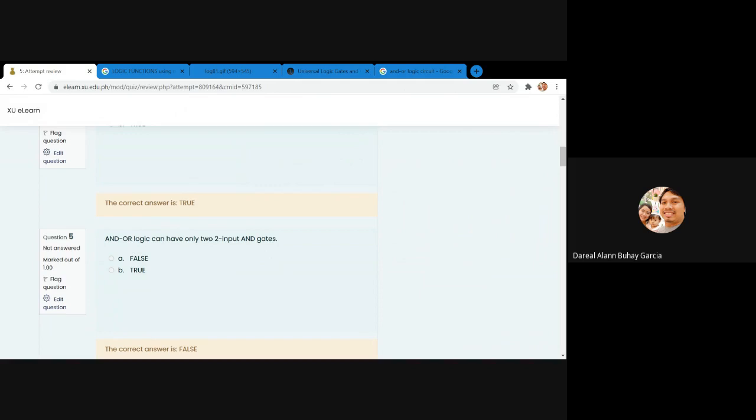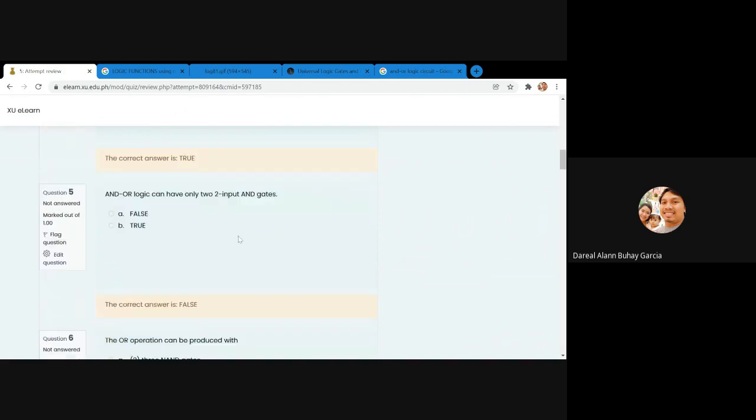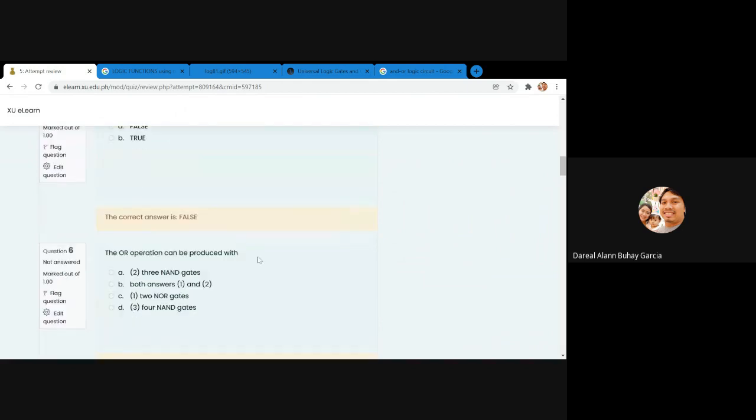The usual nato nga output sa SOP na dili nato pa gina-simplify. So, AND OR logic na siya. So, false because pwede man tadaghan, pwede man tadaghag AND gates.